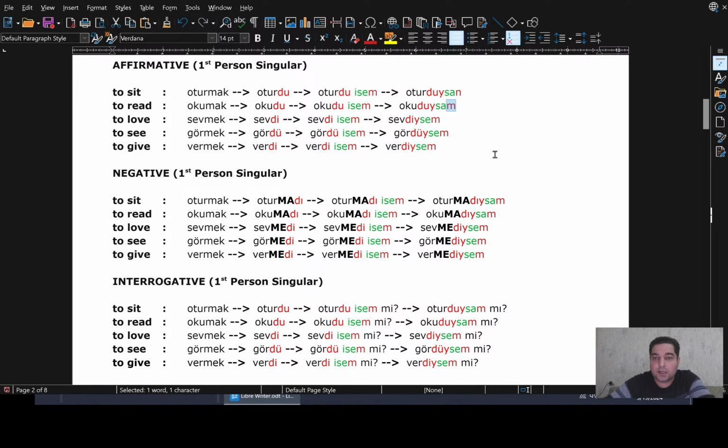This will be again n, second person n. So this will now be second person singular, okay? Oturduysan, okuduysan, sevdiysen, gördüysen, verdiysen, okay? So let me undo it. So this is it, okay?